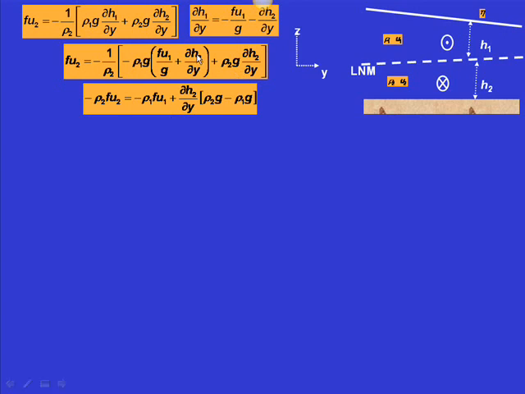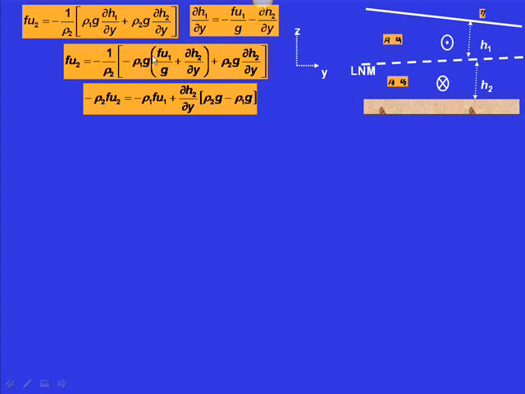Then we try to group the dH2 dy, because that's what we're looking for, the slope of this interface, the slope of the level of no motion, which is dH2 dy. So we group the dH2 dy. We have one here that's multiplied times rho 1 g, that's where it shows. And then this one is multiplying rho 2 g, so that's where it goes. This one with plus and this one with minus.